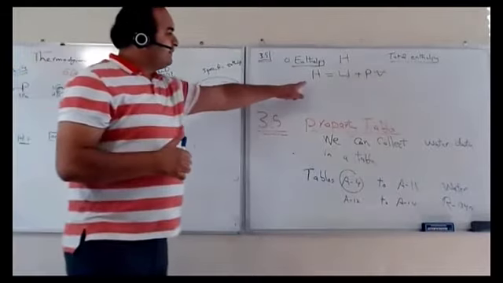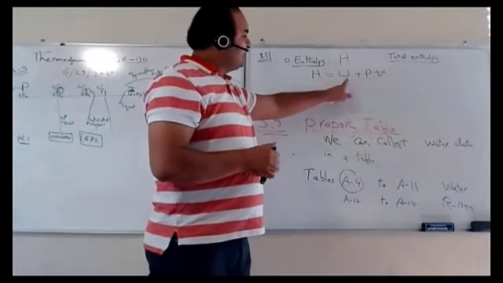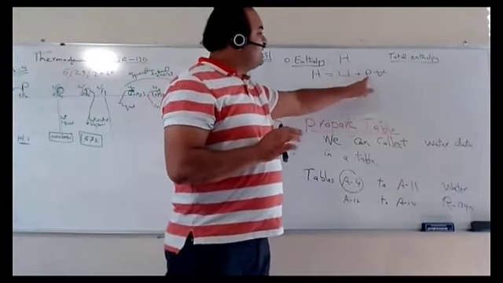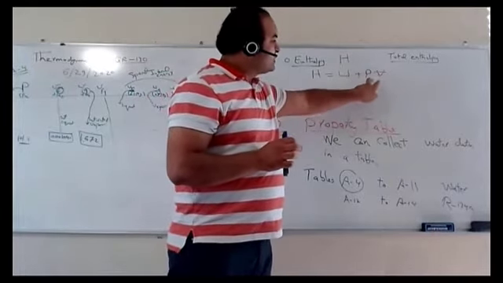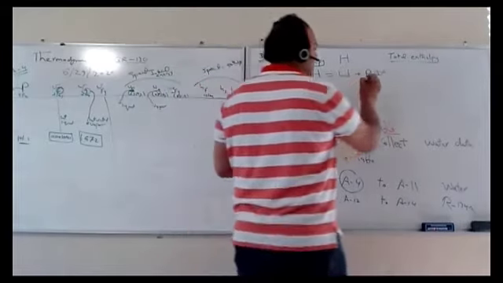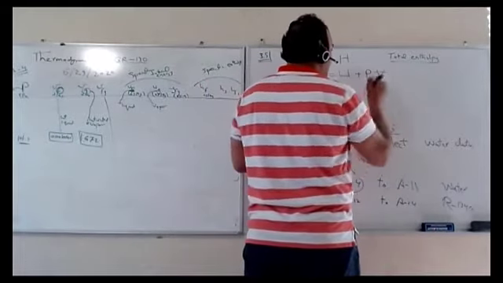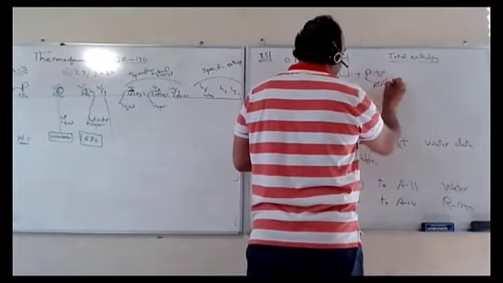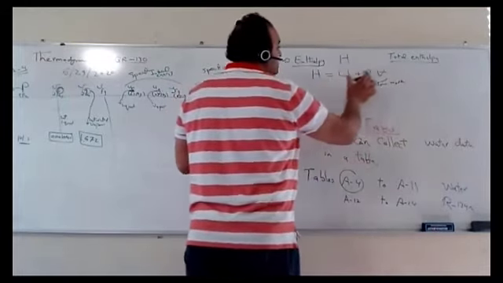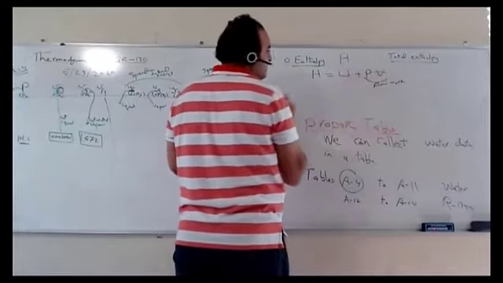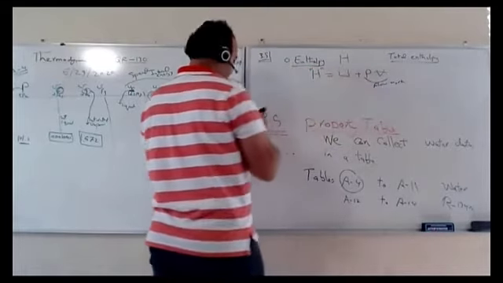The total enthalpy is total internal energy plus PV. Pressure, which is Pascal, times volume, it's a work. This is called work or flow work. This total term, internal energy plus flow work, PV, the product of this, is called enthalpy.